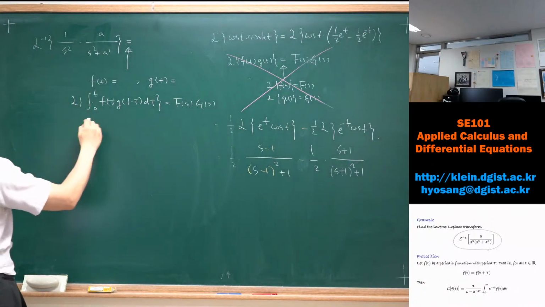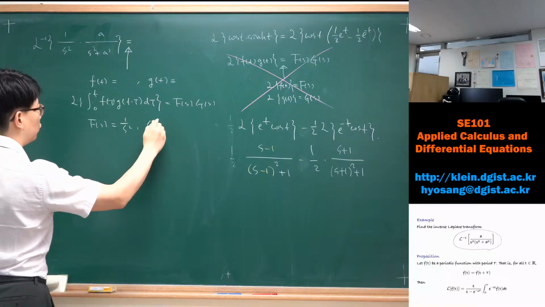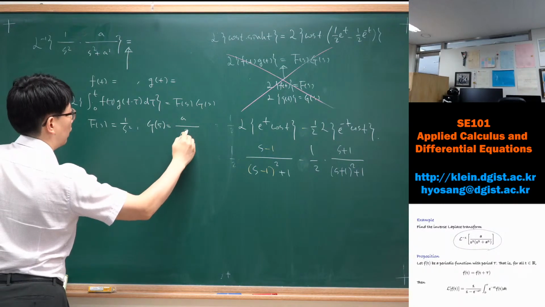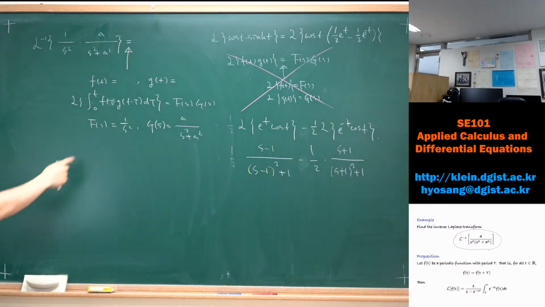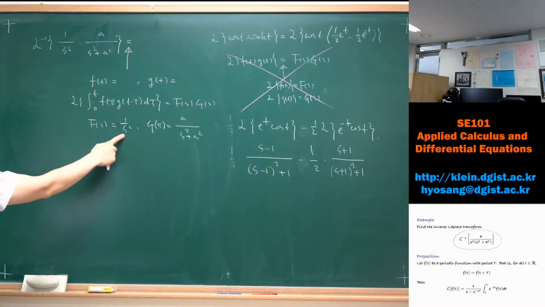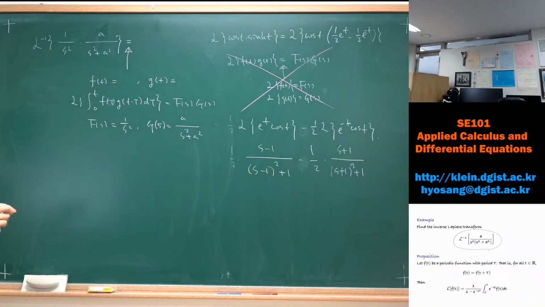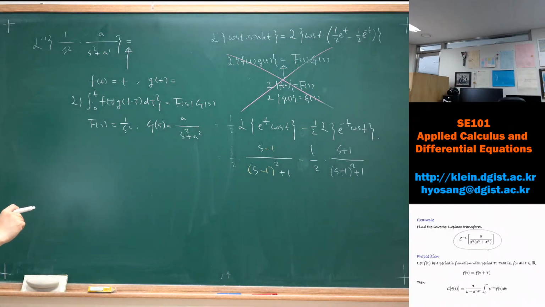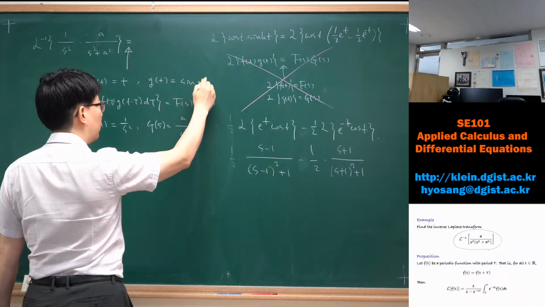So I set F of s to be 1 over s squared and G of s to be a over s squared plus a squared. Then what will be f of t if F of s is 1 over s squared? It's t, right? And what about g of t? It's sine of at.